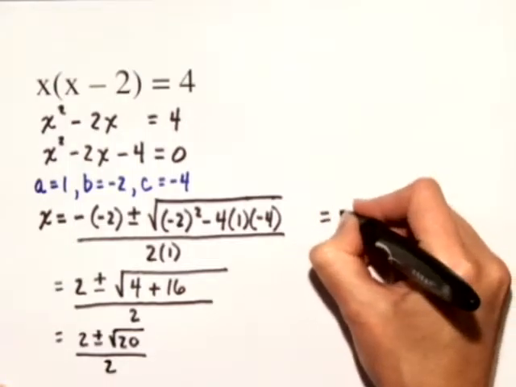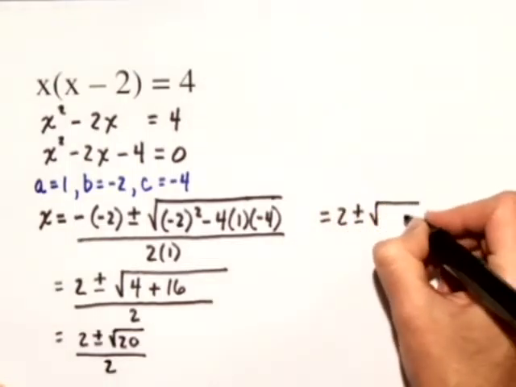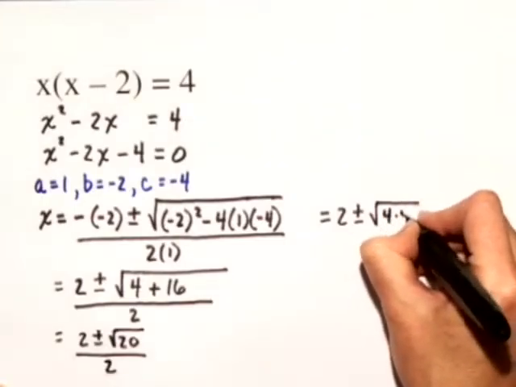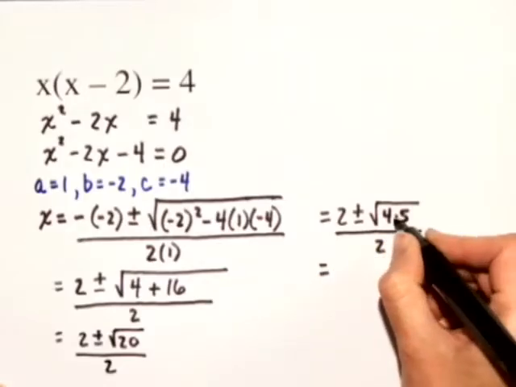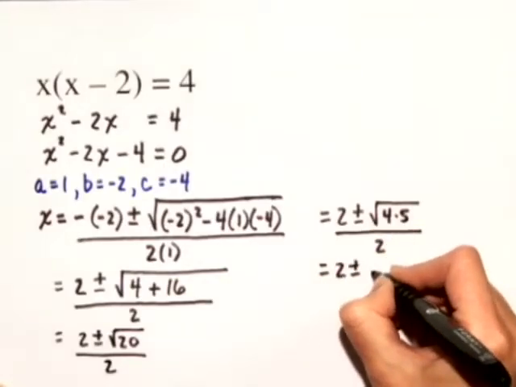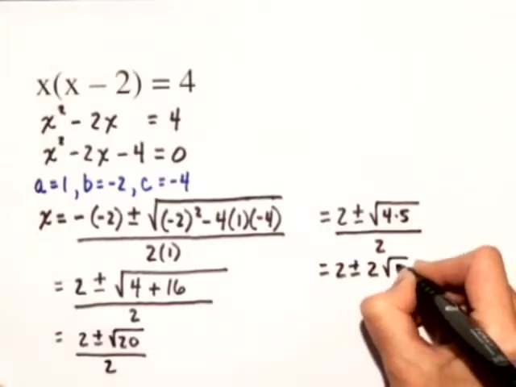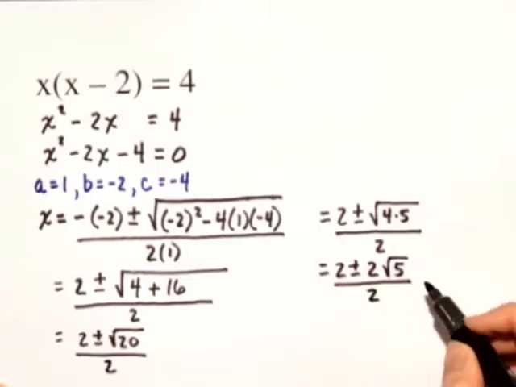We get 2 plus or minus the square root of 20 is just 4 times 5, and that's all over 2. So the square root of 4, notice, is 2. So this becomes 2 plus or minus 2 times the square root of 5 all over 2. Now be careful.